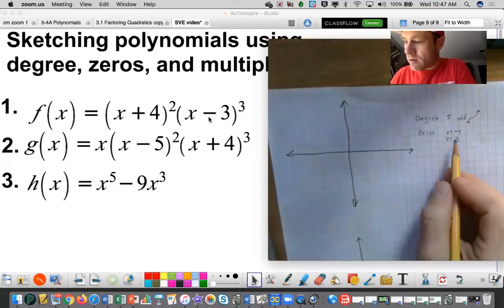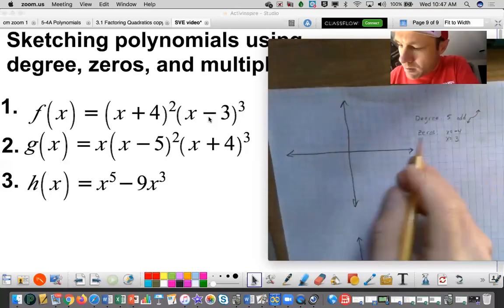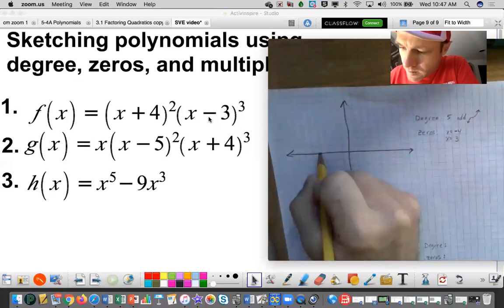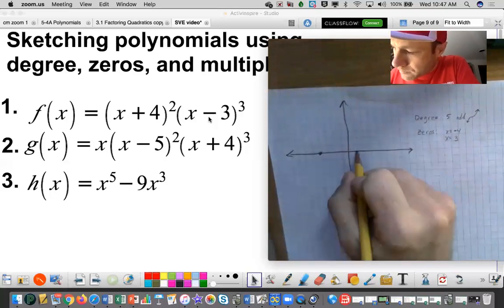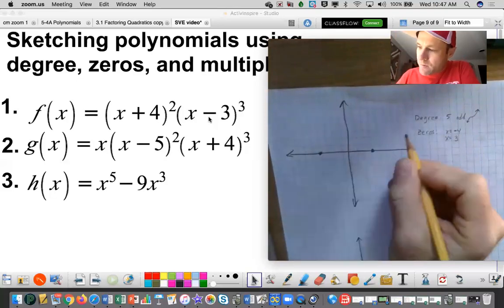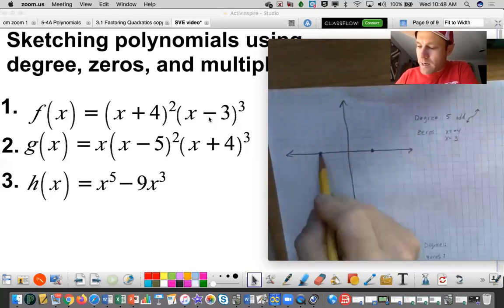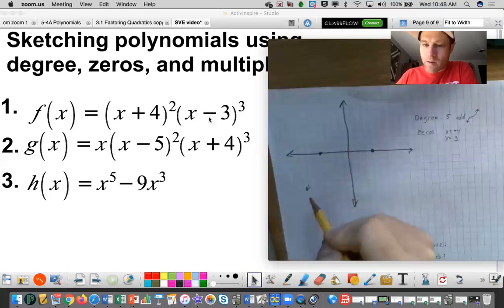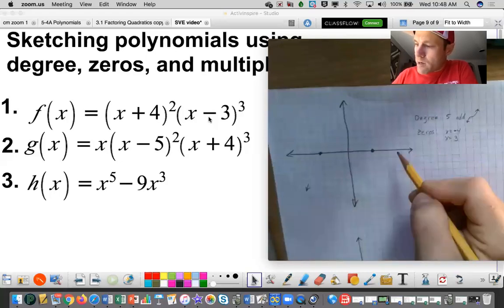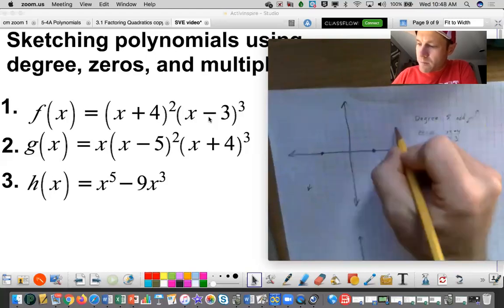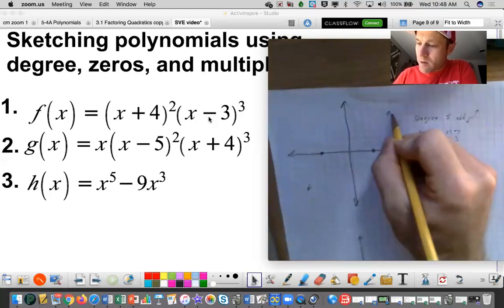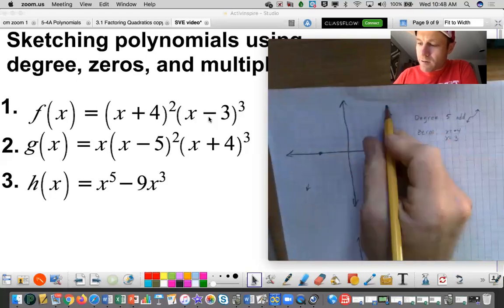So let's lay the zeros down, a -4, and a 3. And like I said before, the furthest 0 on the left is the -4, and I know that it's going to be down over here. My end behavior is going to be going eventually down. On the right, I know it's going to eventually go up because of the end behavior. So I'm going to put that over here after the 0.